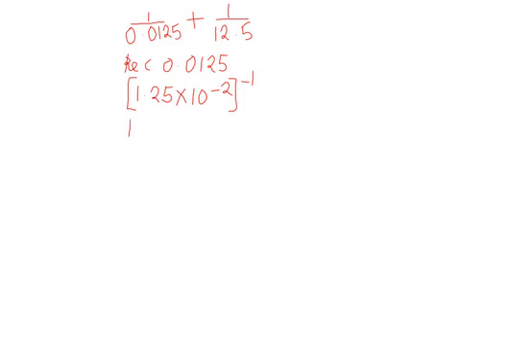So it will be 1.25 power negative 1, that is the reciprocal of 1.25, then we multiply by 10 power 2. By the law of indices, we have 10 power negative 2, again power negative 1.